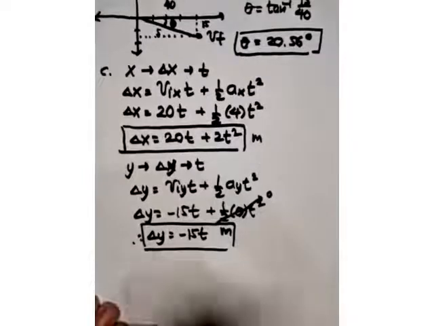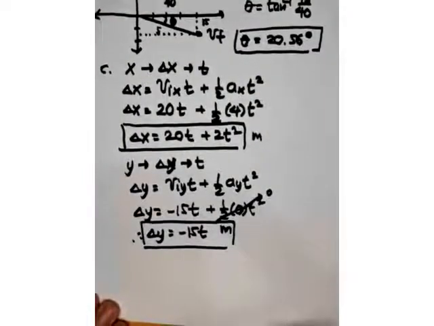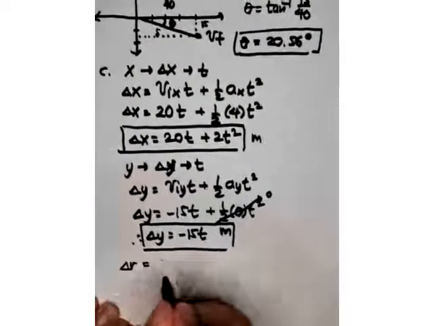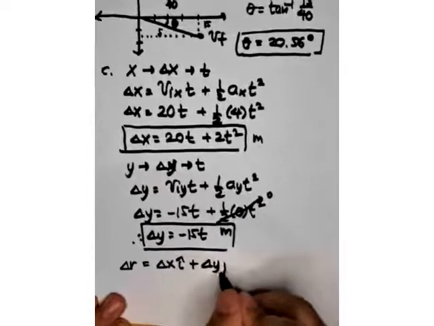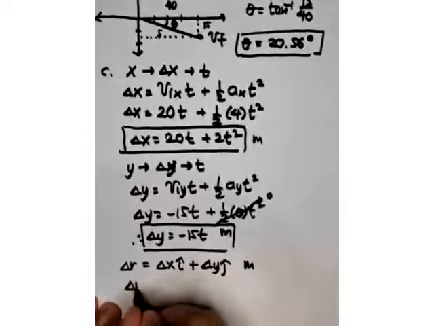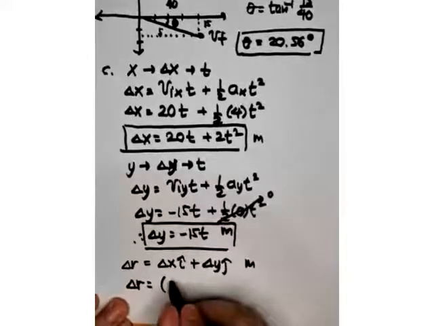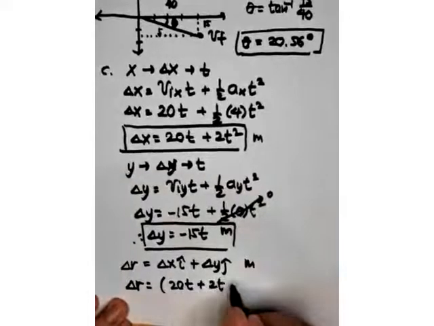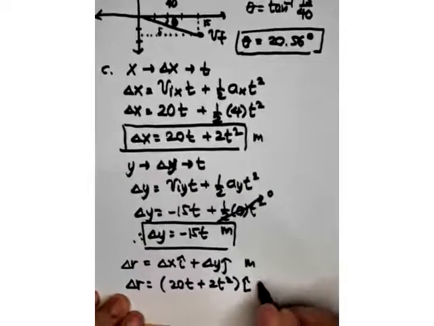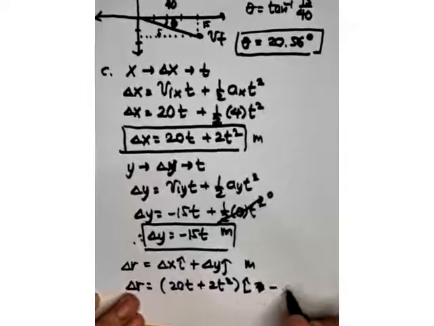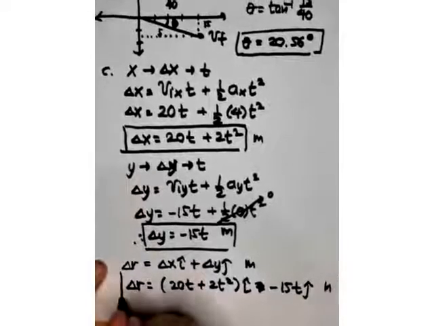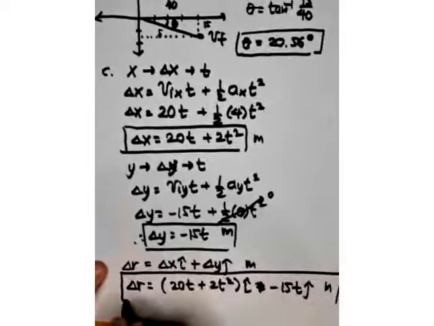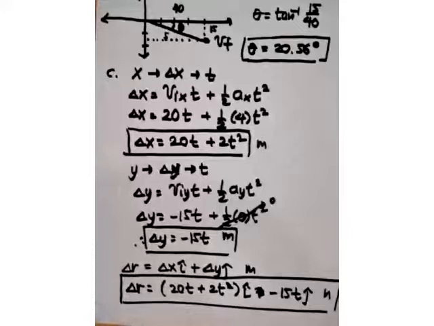Okay. And the last one is yung position vector. So that's delta r. So ang gagawin lang natin is add natin yung x, lagyan natin ng i hat, plus delta y, lagyan natin siya ng j hat. So delta r is equal to quantity 20t plus 2t squared i hat, hindi pala plus, minus 15t j hat meters. So this is our final answer. Okay, so that's our final answer.